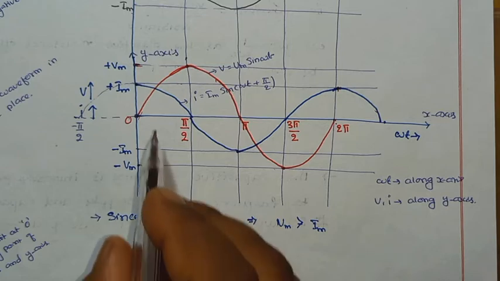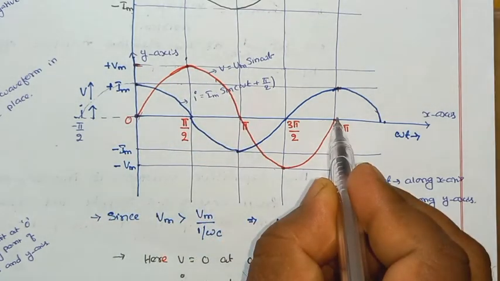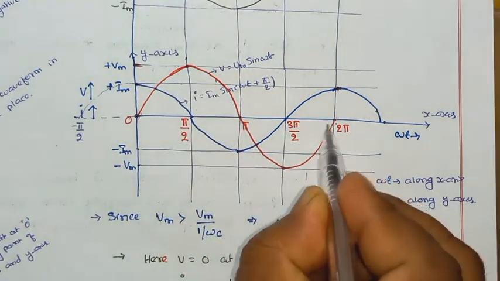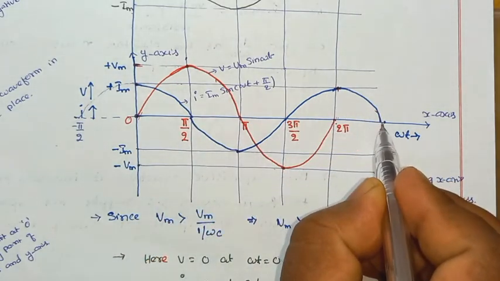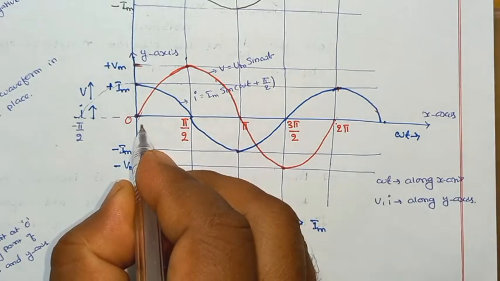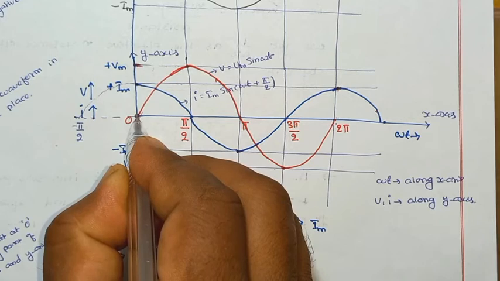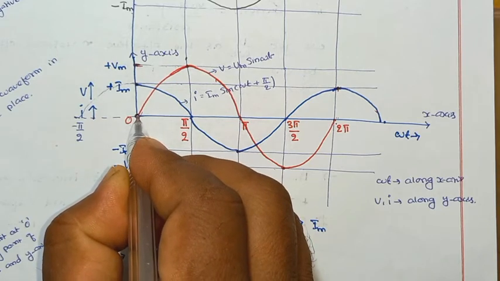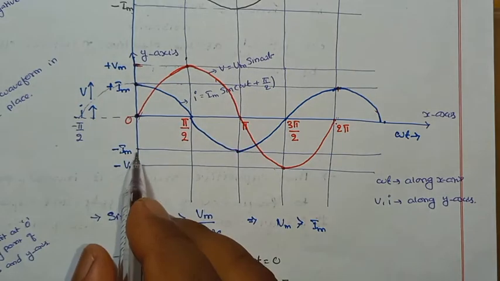So comparing these two waveforms, this is the AC voltage waveform and this is the AC current waveform, we see that at omega t equal to 0, the voltage is 0, but at omega t equal to 0, the current is maximum, that is positive maximum.